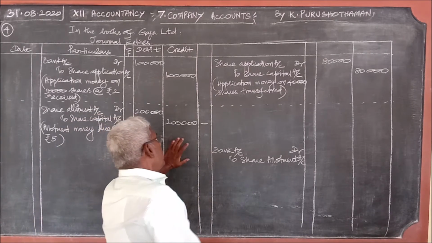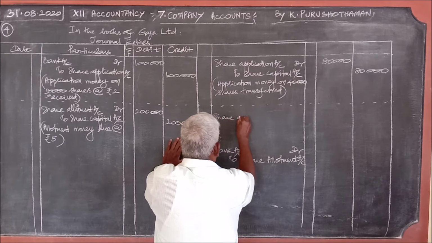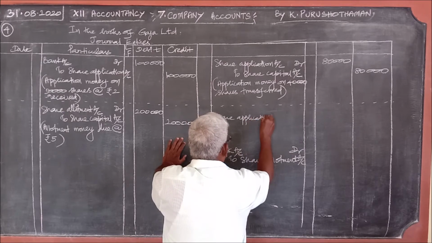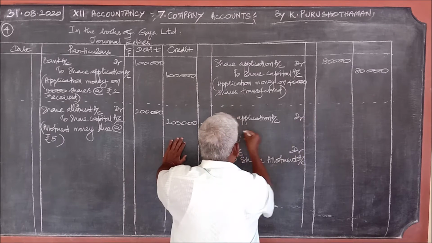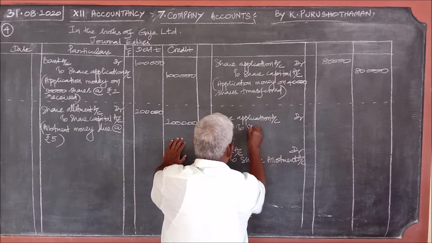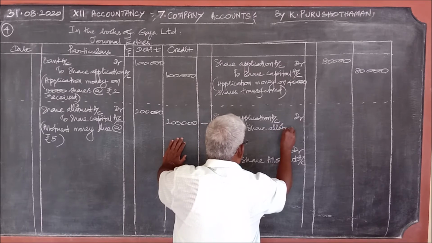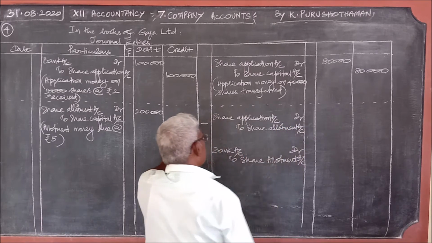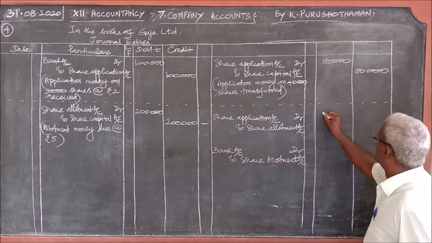Then what must we do for it? Share application account debtor to share allotment account, 20,000.